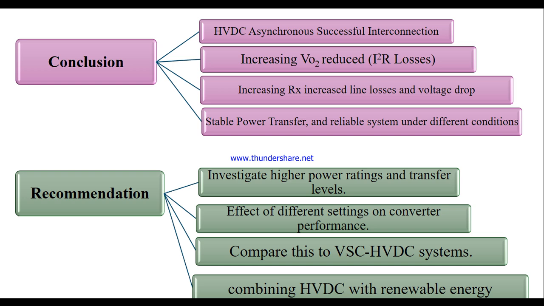From the simulation process that we have implemented in MATLAB, increasing the receiving end voltage V2 increased transmission current and associated losses, which is known as I squared R. The high line resistance increased both power losses and voltage drop across the DC link.